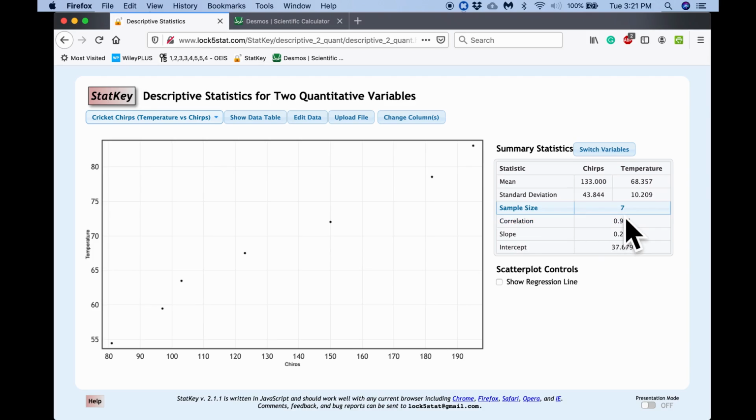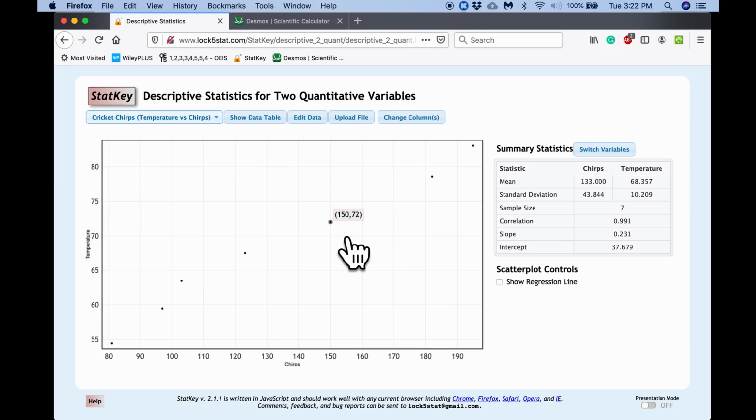There were a total of 7 observations made, and for each observation, there was a cricket chirping. In this case, this one that I've highlighted, there is a cricket that's chirping at 150 beats per minute, and the ambient temperature is 72 degrees.